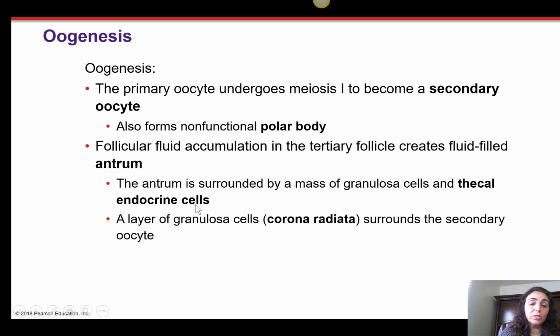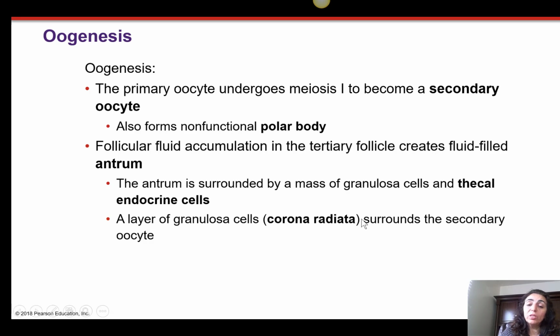So these are the cells around the antrum, around that fluid-filled cavity, right? And a layer of granulosa cells that we call the corona radiata is one single layer of granulosa cells surrounding the secondary oocyte.